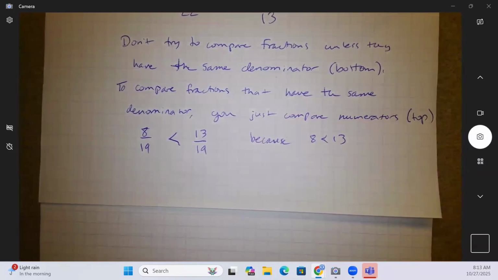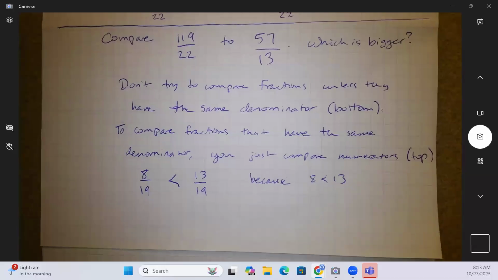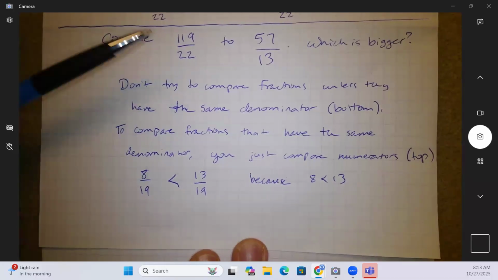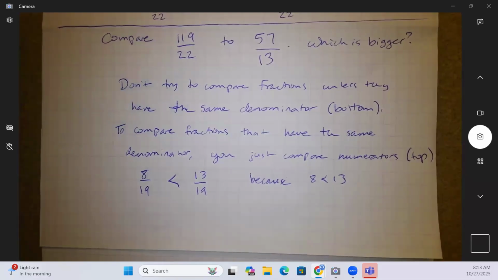Right, so that's as straightforward as just comparing integers, because you just compare the tops, which are the integers. So if I'm trying to compare fractions with a different denominator, the first thing I need to do is make them have the same denominator.